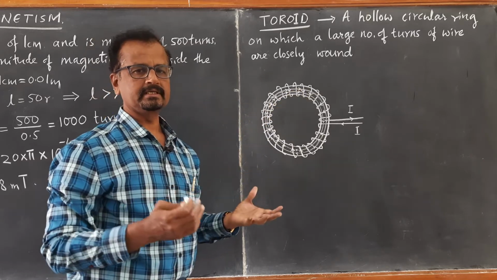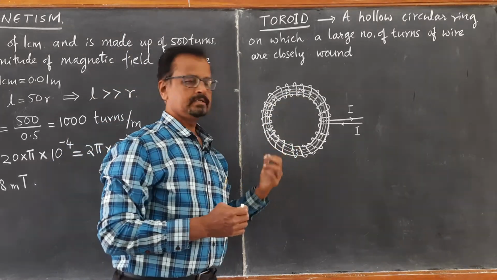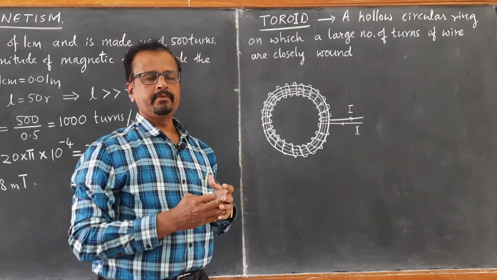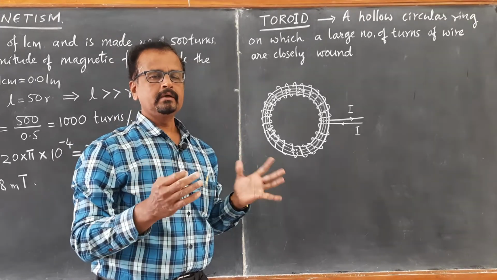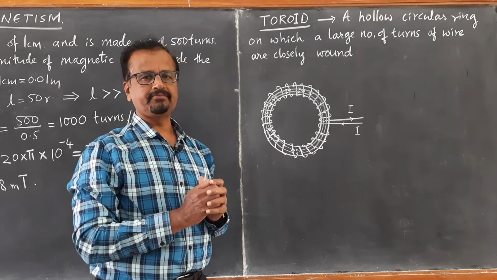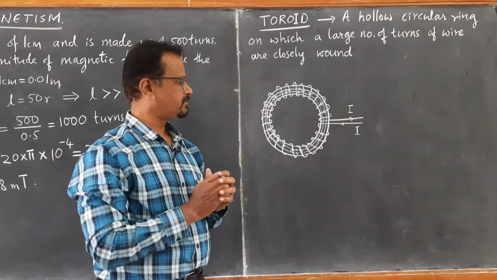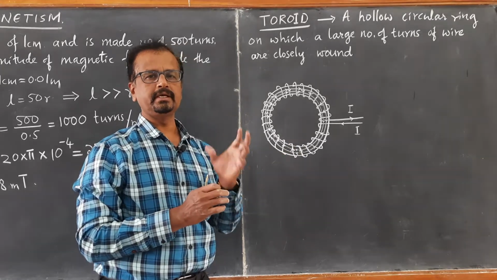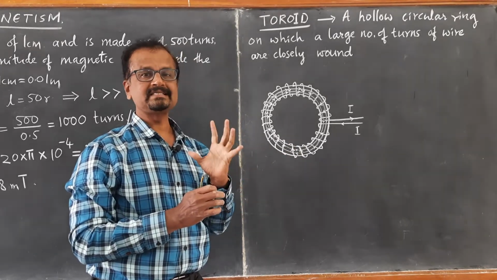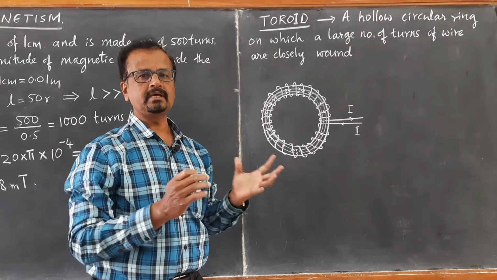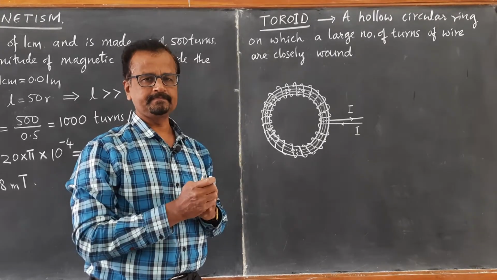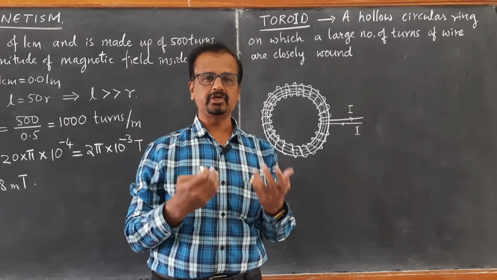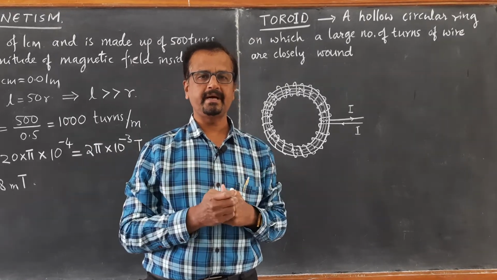As we discussed in the previous video, solenoids and toroids are used to produce usually a constant value of magnetic field, and toroid and solenoid both are being used in a device called a synchrotron, which is a particle accelerator, which is used to accelerate negatively charged ions and negatively charged particles.